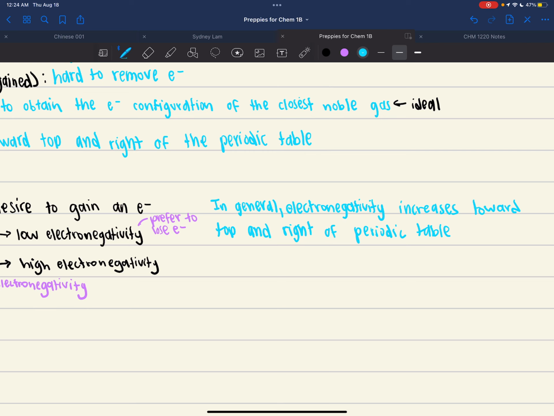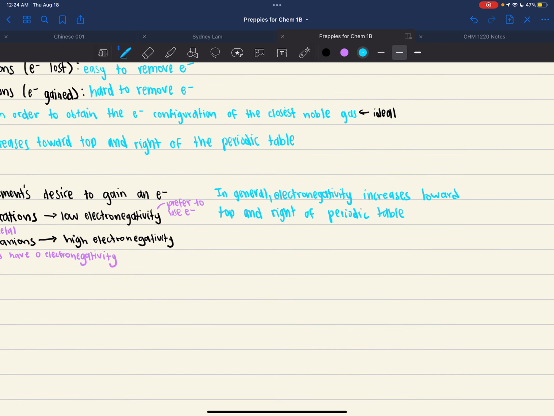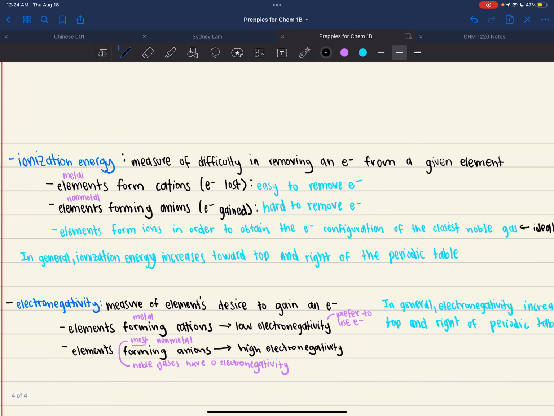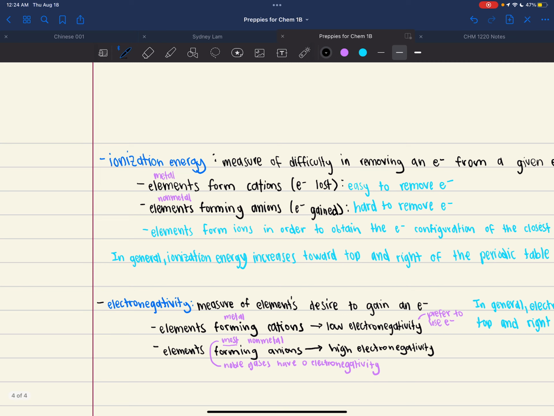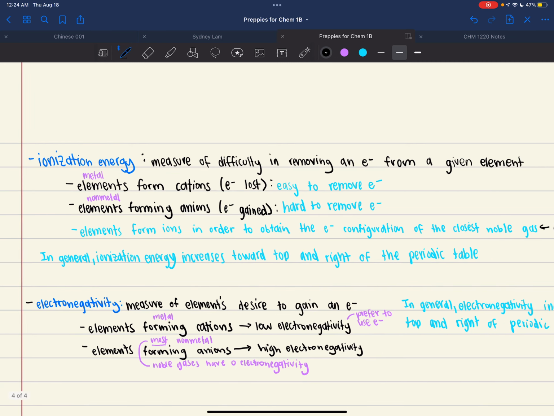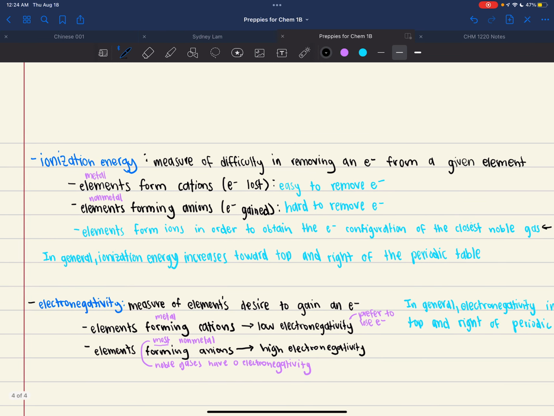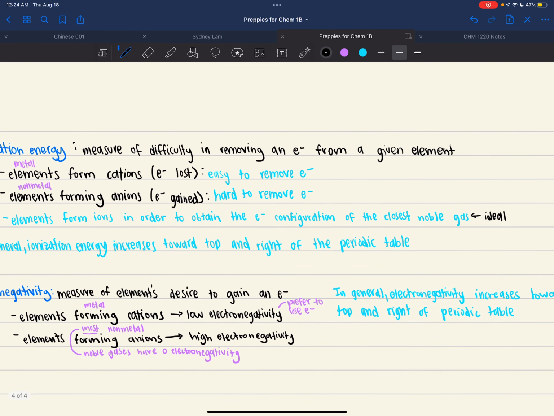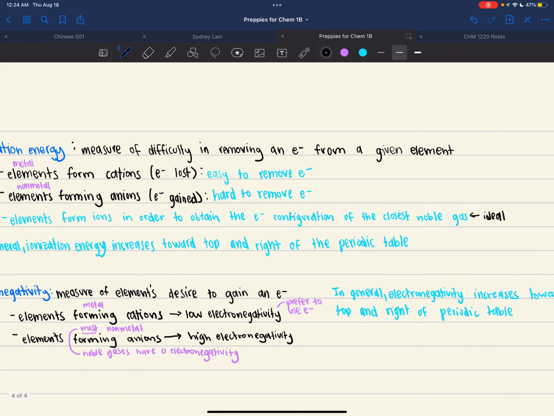This makes sense because, basically, in a way, ionization energy and electronegativity are measuring kind of the same thing. Ionization energy measures the difficulty in removing an electron from a given element.